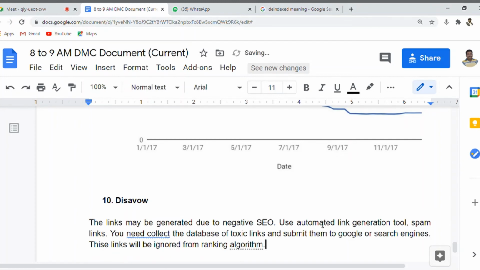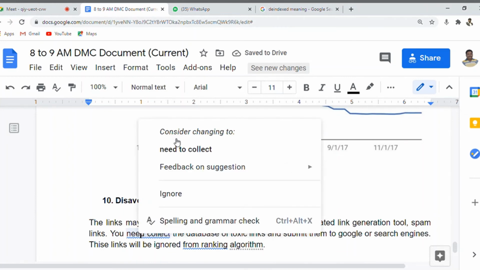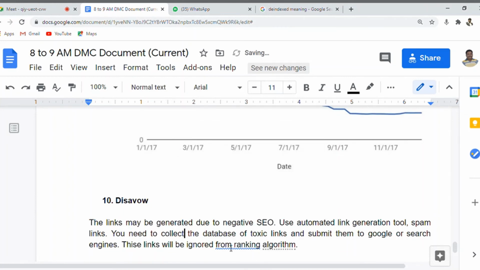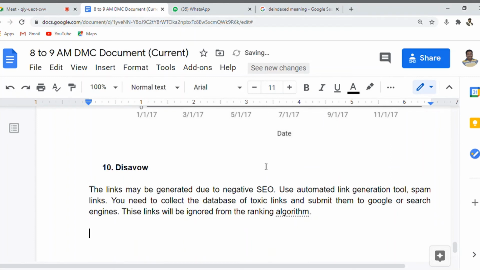Let me say you have 1,000 links received from a website, and you don't report those 1,000 links to the search engine spider. The search engine spider will think that as a webmaster or the property owner, you know very well that there are 1,000 spammy links coming in, and still you agree to this. That is the reason you are not disavowing those links.